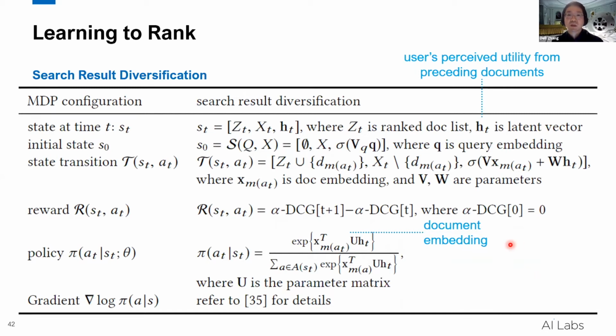If we want to optimize not just the relevance, but also the diversity of the search results, then we would want to expand the state definition to include a latent vector h.